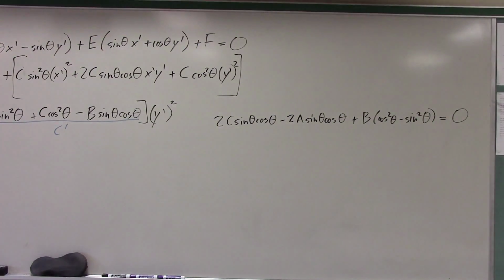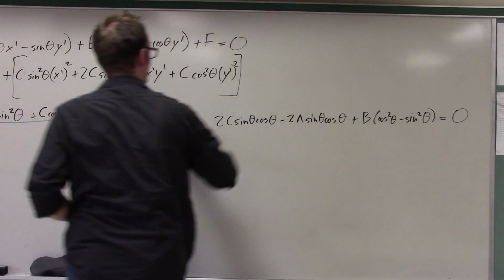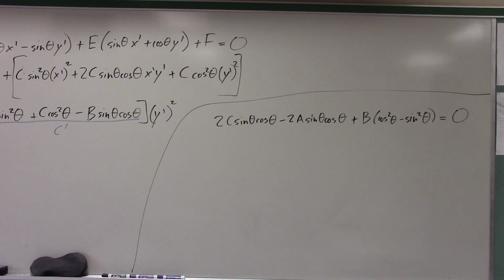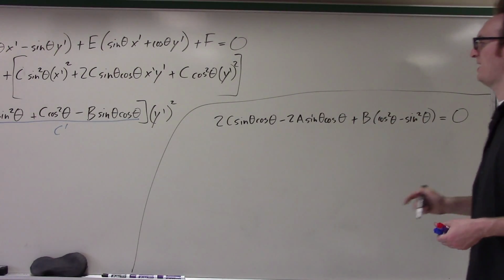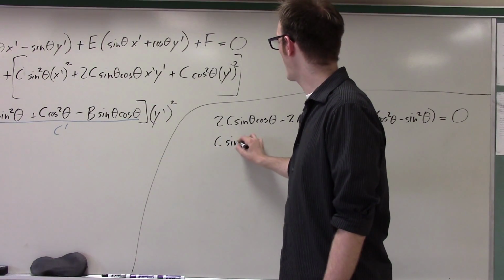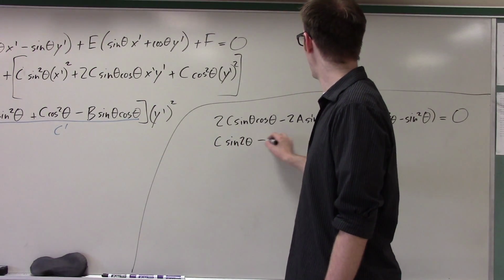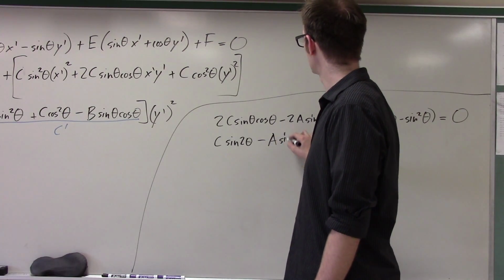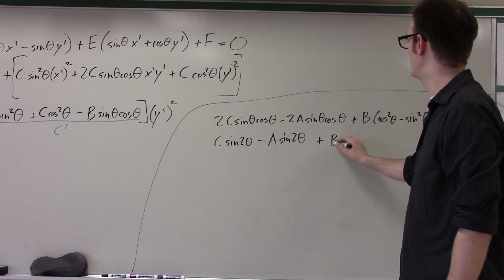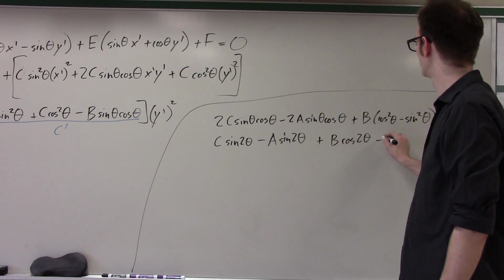When that B prime coefficient is 0, that means that we have no x prime y prime term, and thus we've picked the correct theta. Okay, well, there's some obvious trig identity stuff we can do here, right? This is just c sine 2 theta minus a sine 2 theta. And this is b cosine 2 theta.